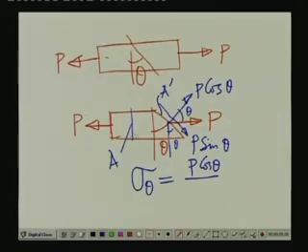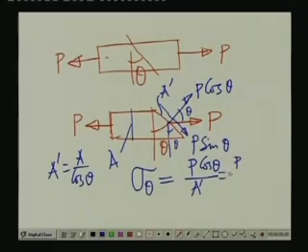From geometrical property, A dashed is equal to A by cos theta. So, P cos theta by A by cos theta leads to P by A cos square theta.